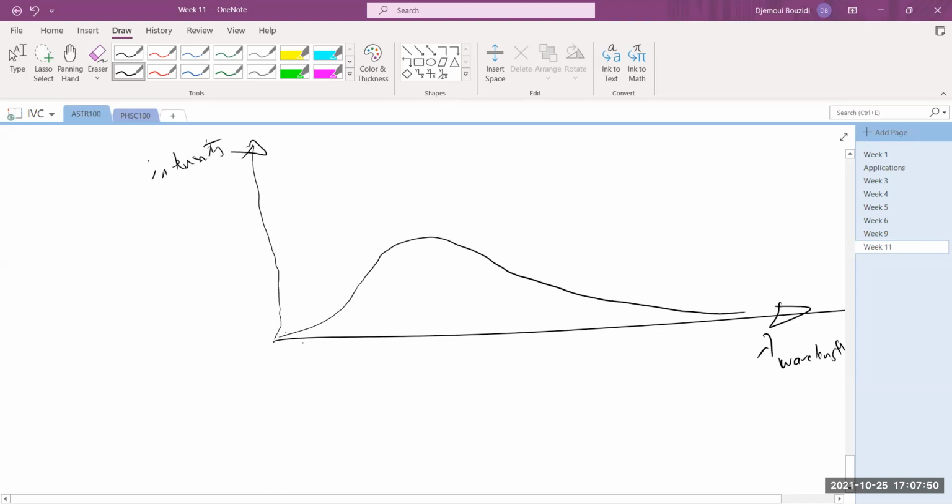Obviously, I don't have a zero wavelength, so extremely short wavelengths are in the UV and the X-rays, and this is the long wavelength, which is in the radio waves, and so on. It peaks somewhere in this image. So this is the lambda max.